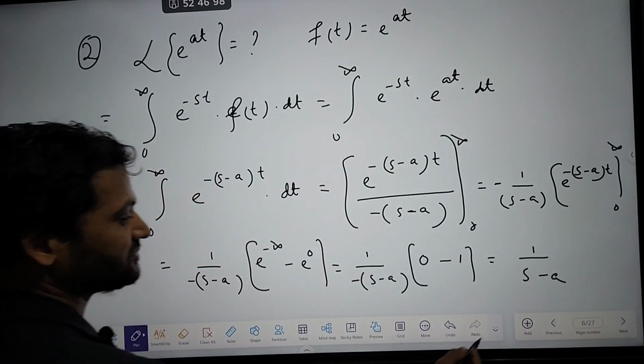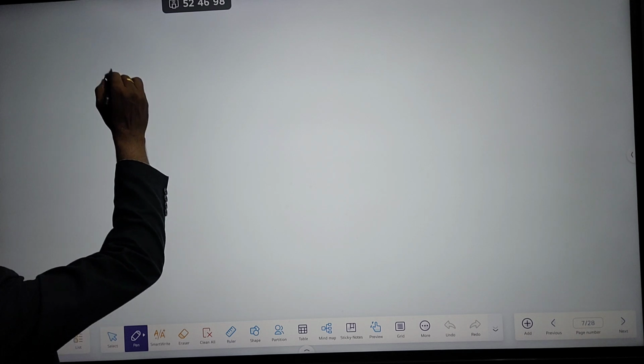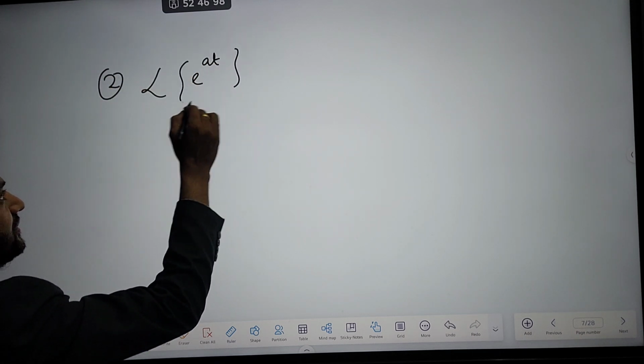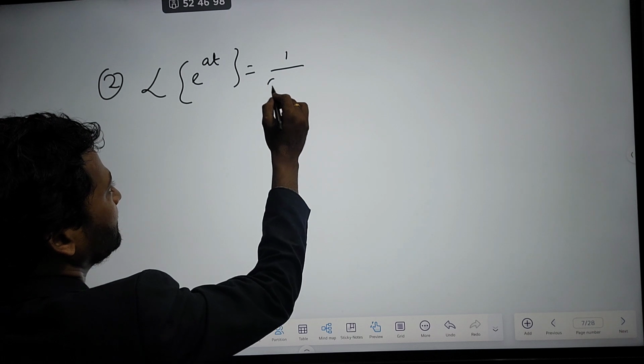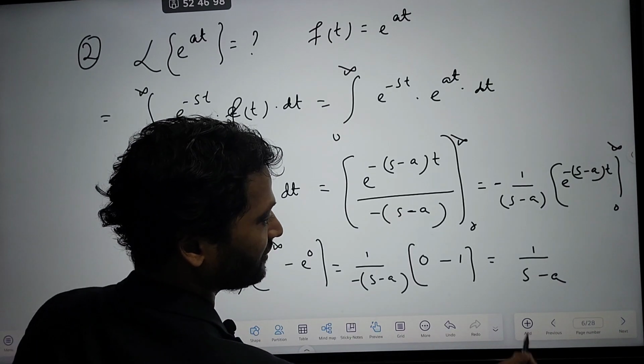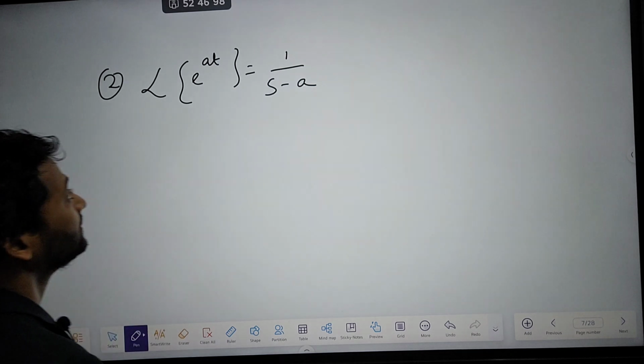ठीक है, so मतलब सेकेंड फॉर्मूला क्या है, सेकेंड फॉर्मूला क्या मिला आंसर, लेप्लेस ऑफ e to the power at is equal to 1 by s minus a. क्लियर. देखो 1 by s minus a.